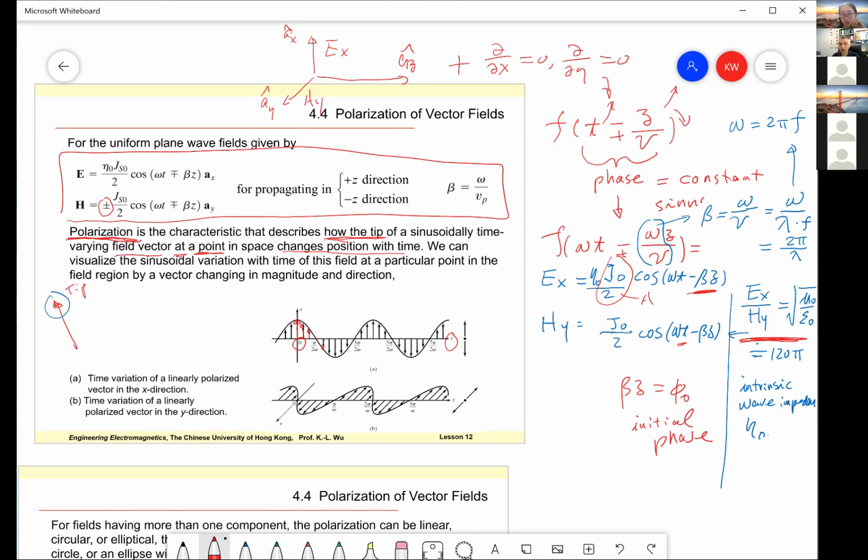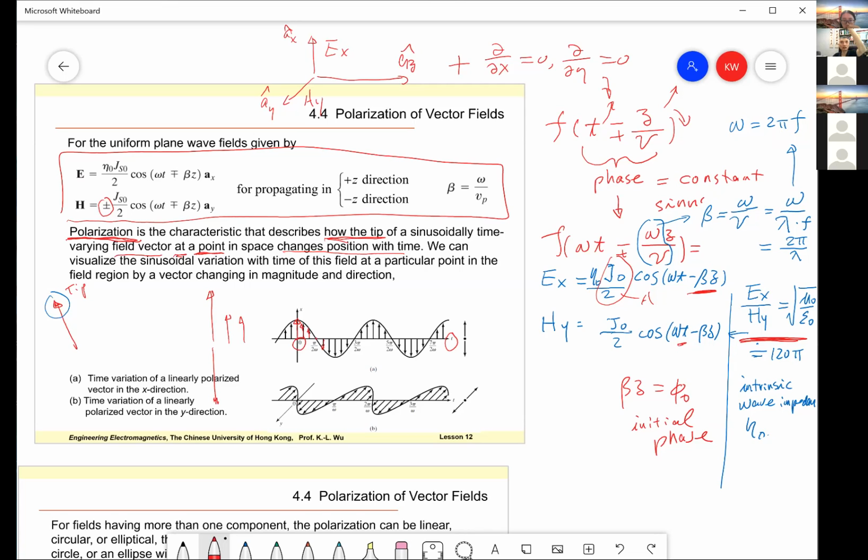So this is how we say the vector changes. In this particular example, the vector changes either upward or downward. So it's always changing along one line.